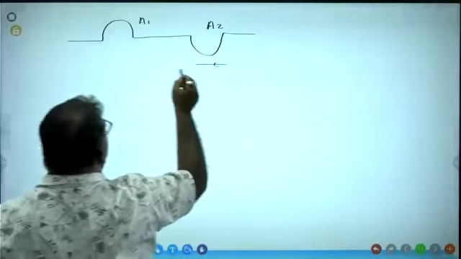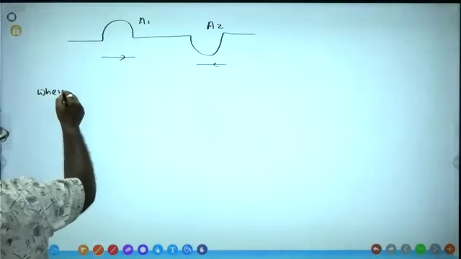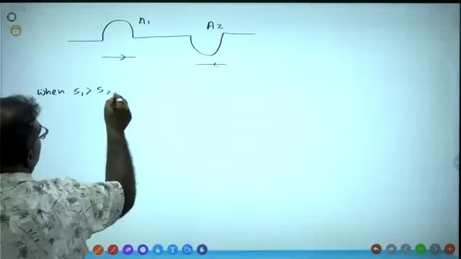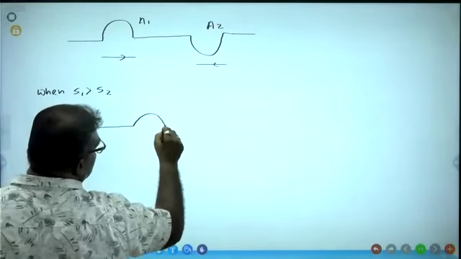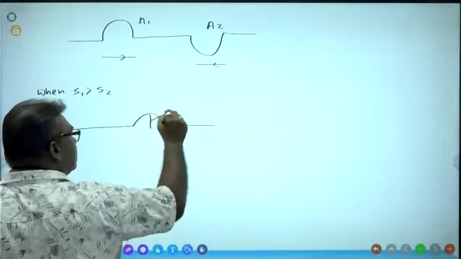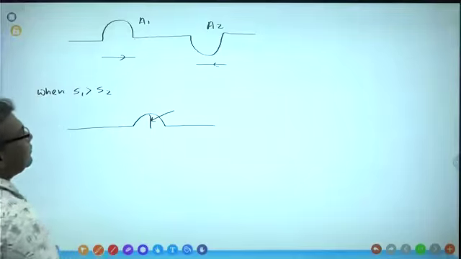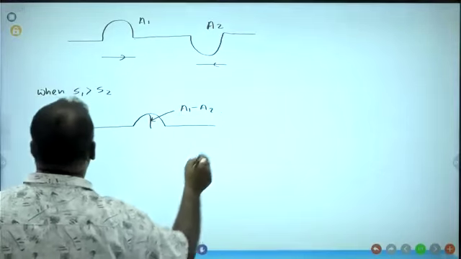They are going in opposite directions. First, when A1 is greater than A2, we can see this kind of wave pulse at the destructive interference, with amplitude A1 minus A2.